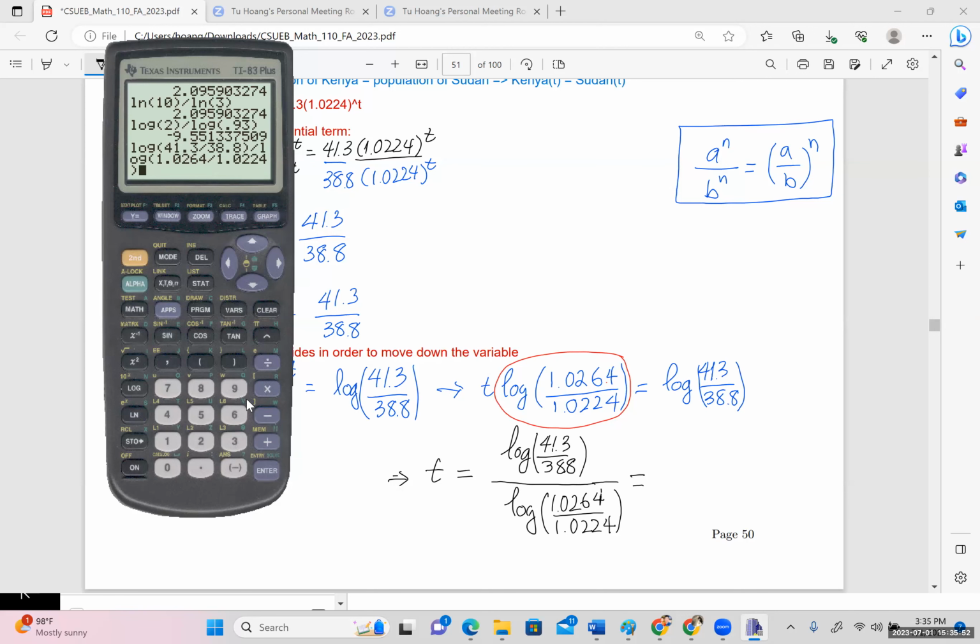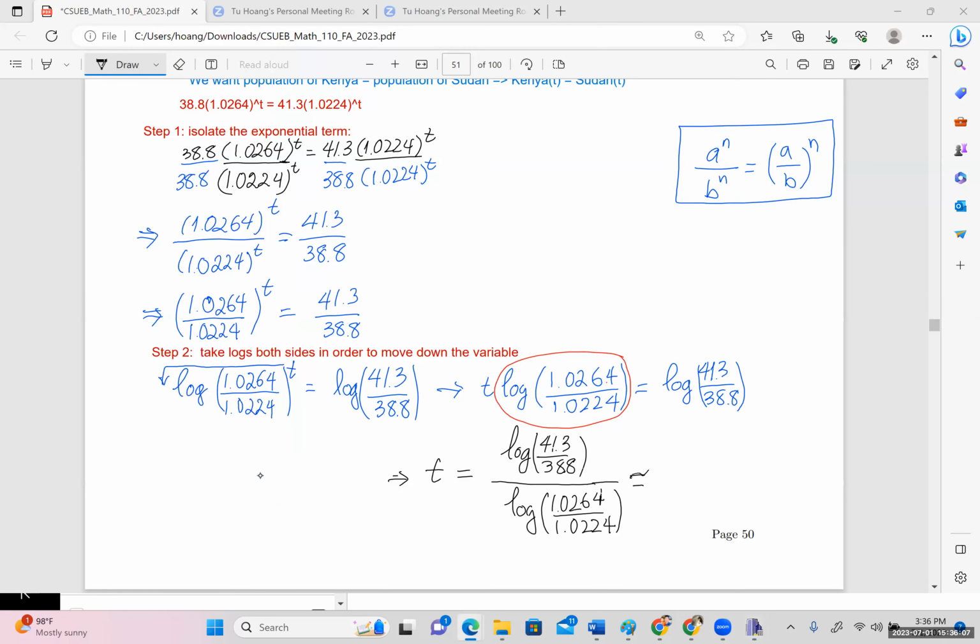Then you can enter, and you have the answer as approximately 15.991.